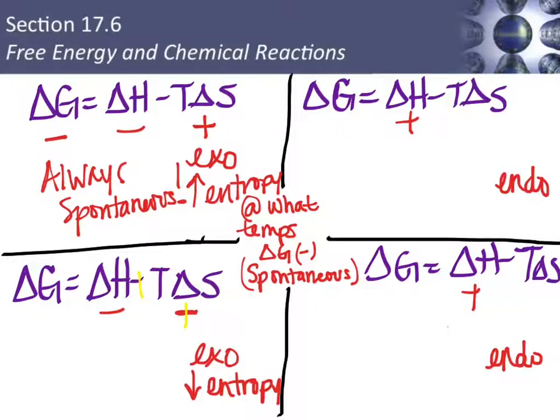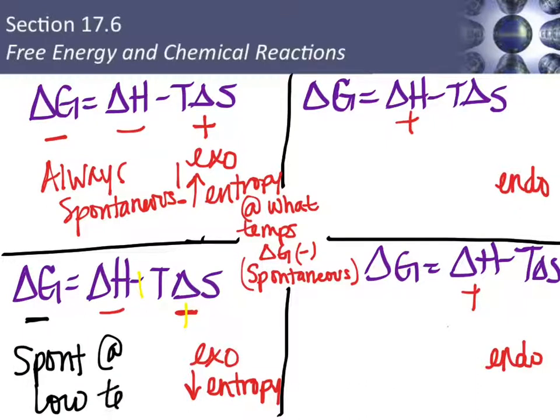At what points would delta G be negative? What does the temperature have to do for delta G to become negative? Decrease. So this would be spontaneous at low temperatures. Why is it called plus sign and just your change? Because I changed the sign because we're multiplying them, so they became positive.